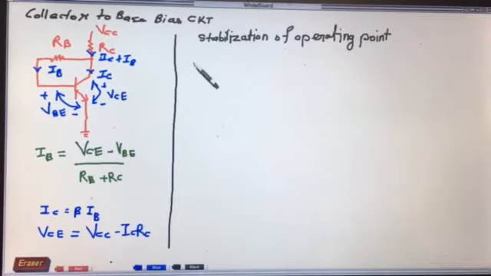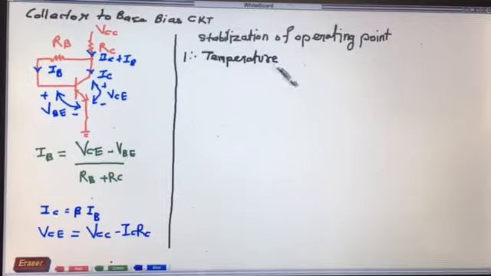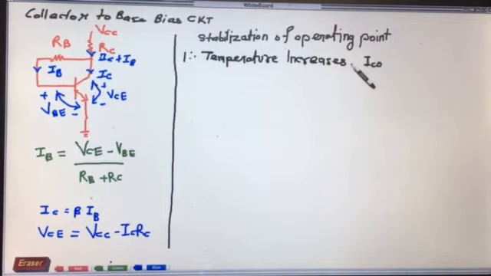Now our first point is change in operating point due to temperature. When temperature increases, then reverse leakage current ICO also increases.